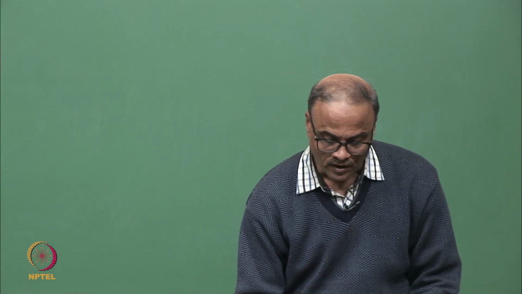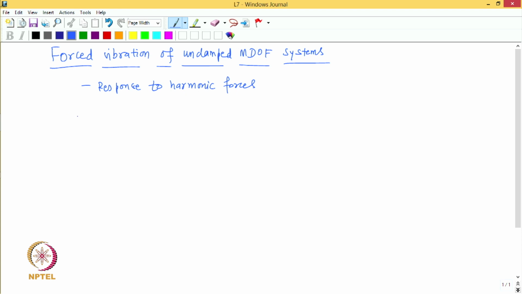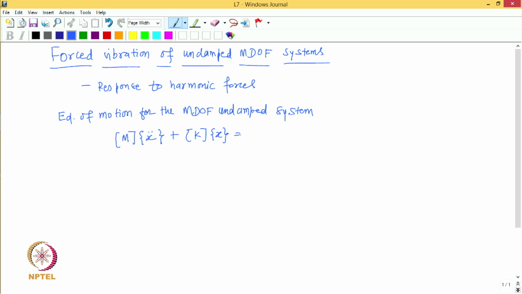So, let us consider a multi-degree of freedom system, and we have seen that the equations of motion for the multi-degree of freedom undamped system is M x double dot plus K x, and now we will have a vector of forces on the right hand side, right.